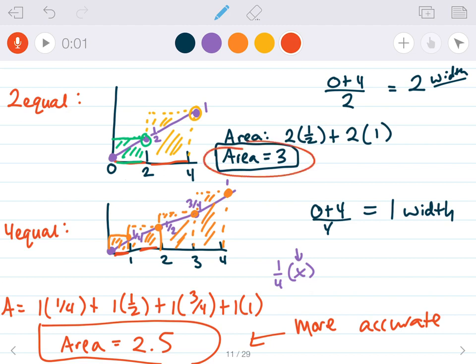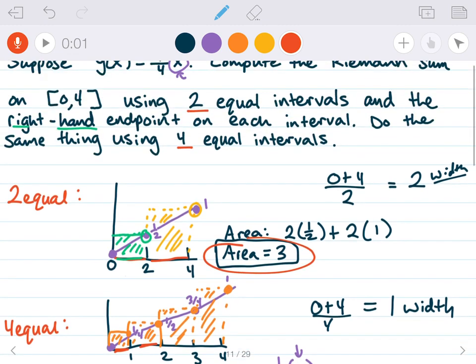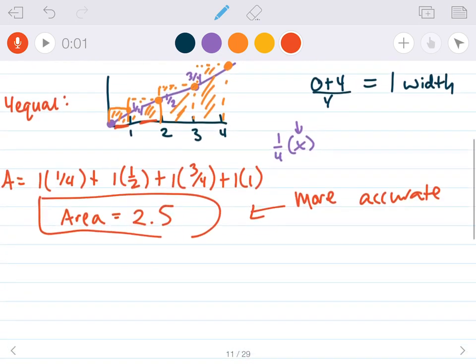So how do we prove that this one is more accurate? Well, since this is a line, we can actually find the exact area using the triangle formula from geometry. So let's do that. Actual area.